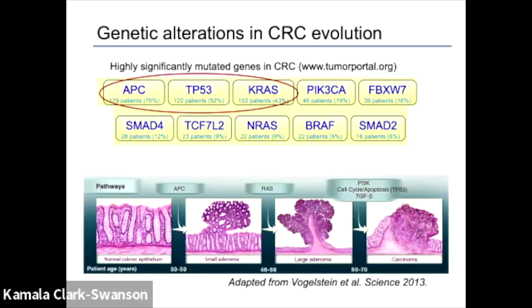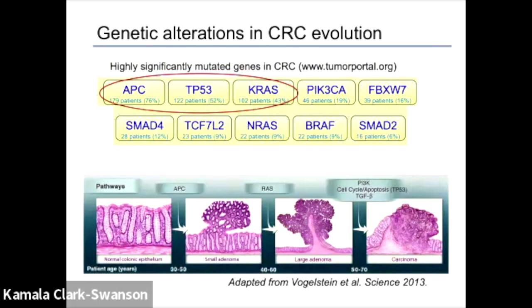And we also know this very well-known so-called Vogelgram of what we think happens during the evolution to colorectal cancer. And this process starts in the normal colonic epithelium that is characterized by this specific architecture that involves colorectal crypts.